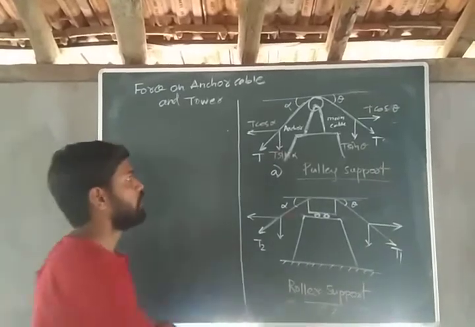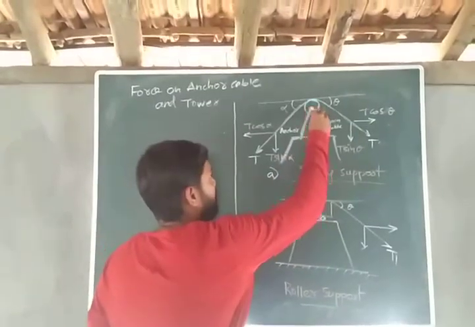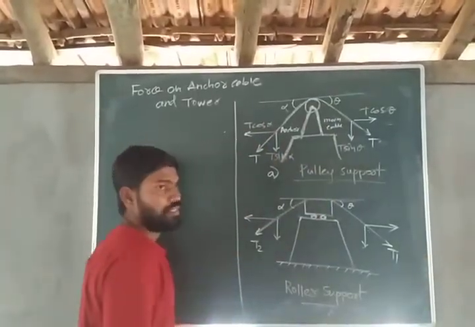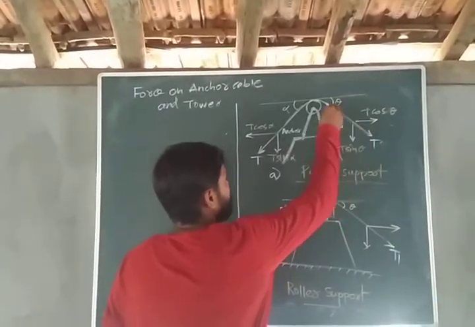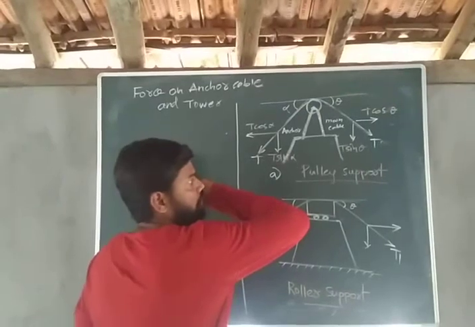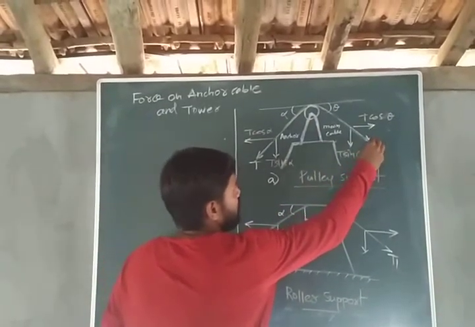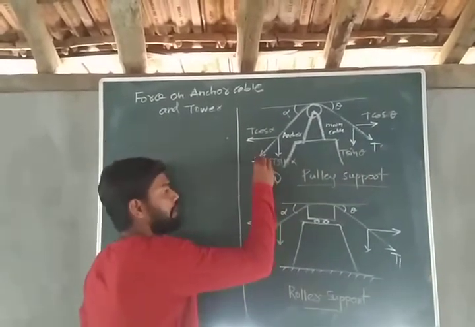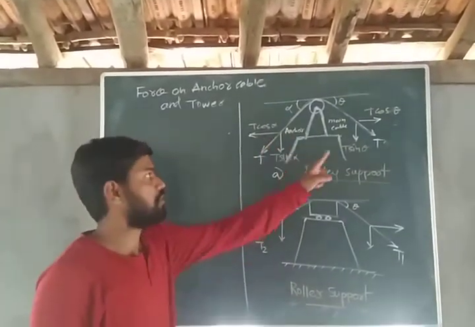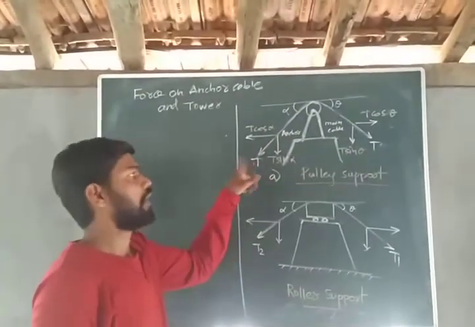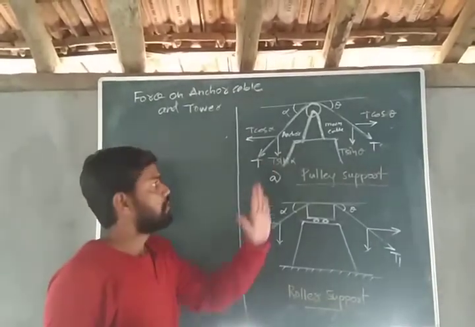Now here the pulley is provided. Due to the pulley, the same cable is passed over here. So the tension in this main cable and the tension in the anchor cable will remain the same.